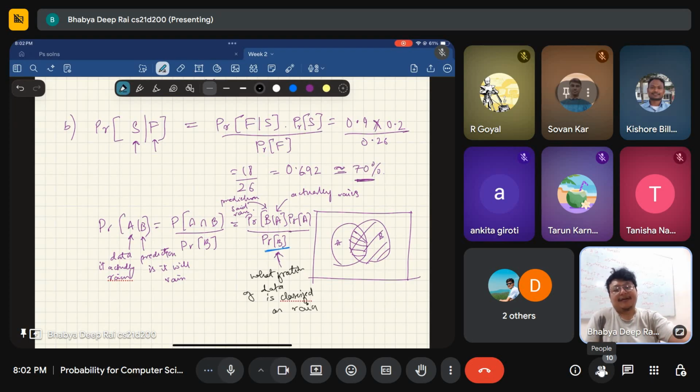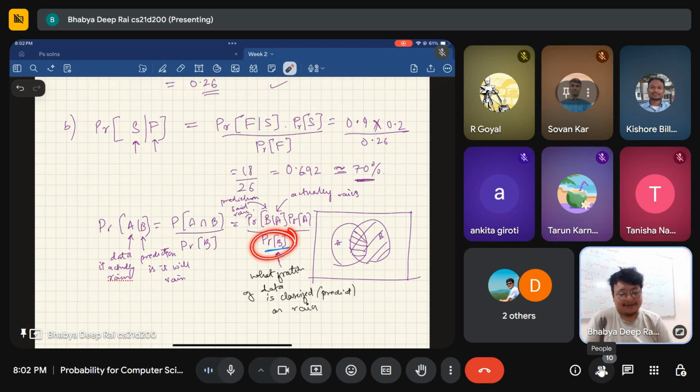That is P of B, because B is the prediction. And P of A is what fraction of the data is actually rain. So what Goyal is saying is that this is not going to change, so this is not relevant.